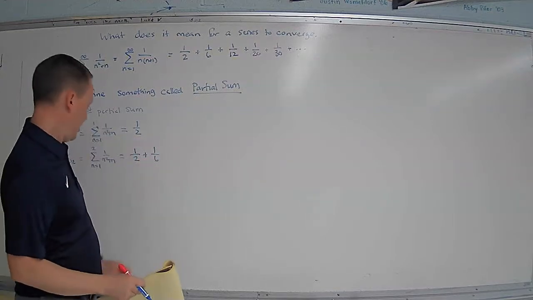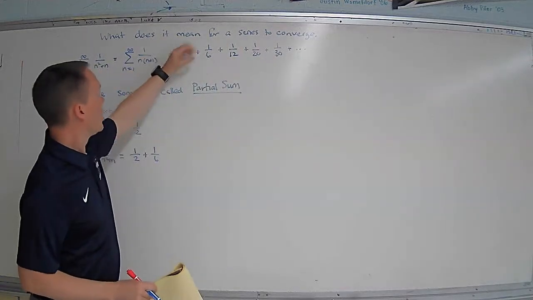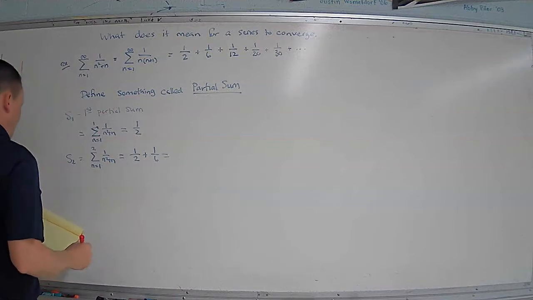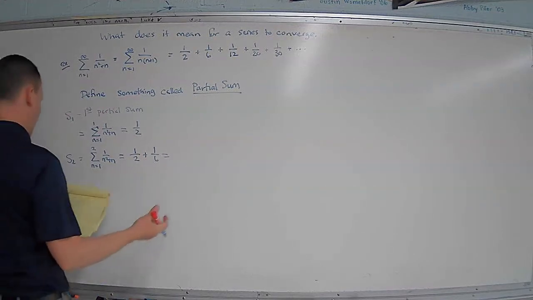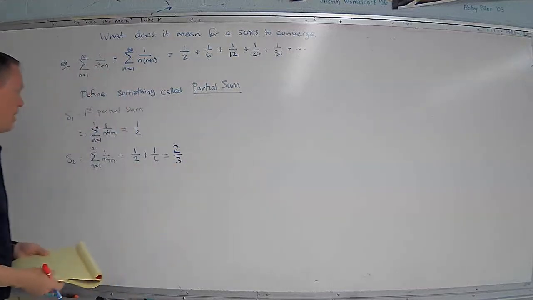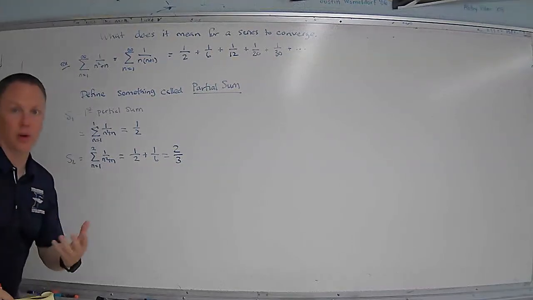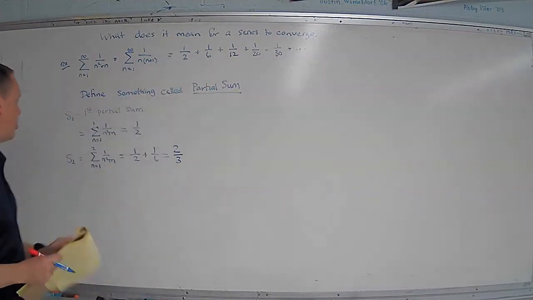I gobble up those 2 terms and add them together. I'll just do the arithmetic for you: the second partial sum is 2/3. So I add up 1 term, I get 1/2. I add up 2 terms, I get 2/3.